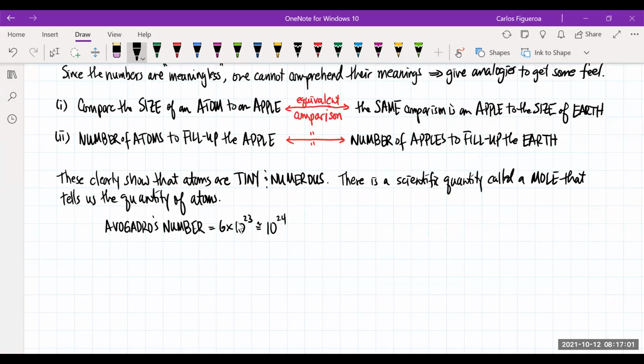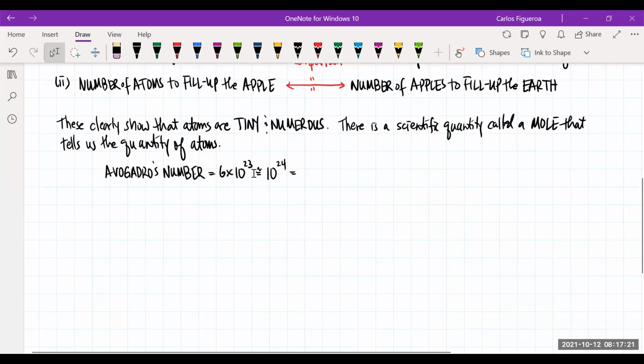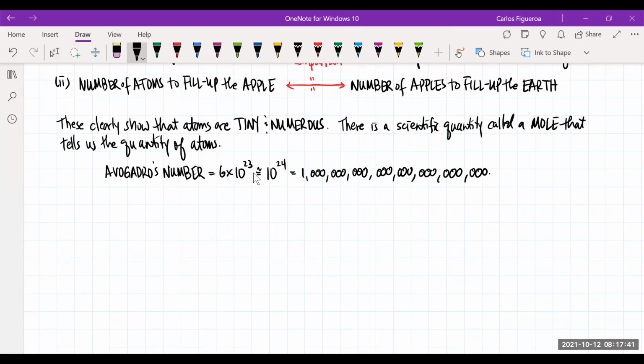So just this number, 10 to the 24, is how we describe the number of atoms in a quantity. Again, this number is incomprehensible. If this is 10 to the 24, and this is 10 to the negative 15 or 10 to the 15, these numbers are just unbelievable. It has 24 zeros behind it.